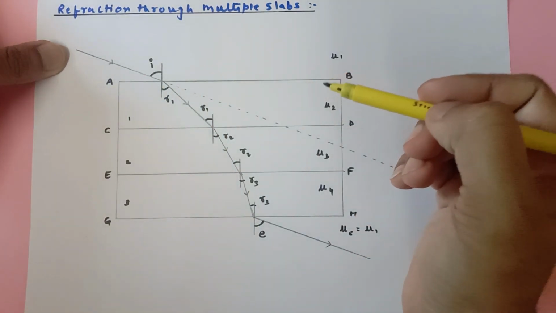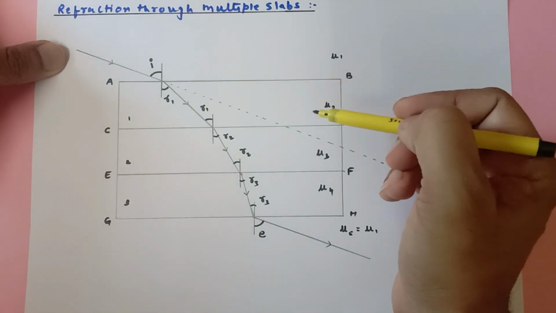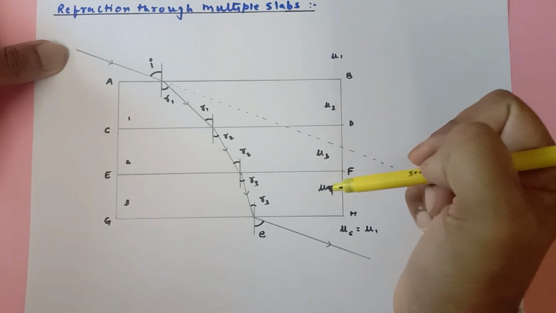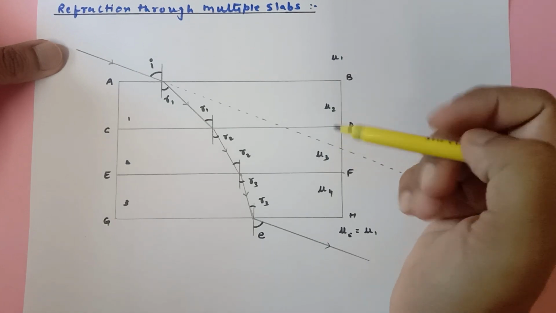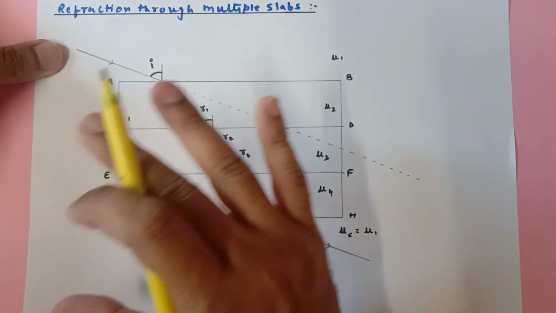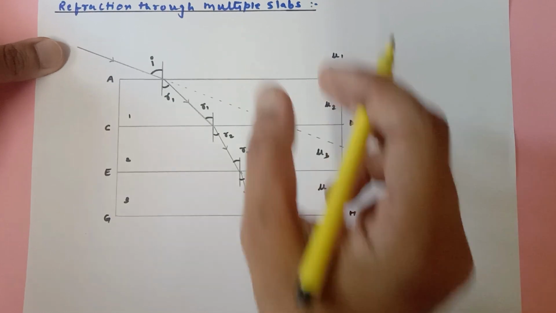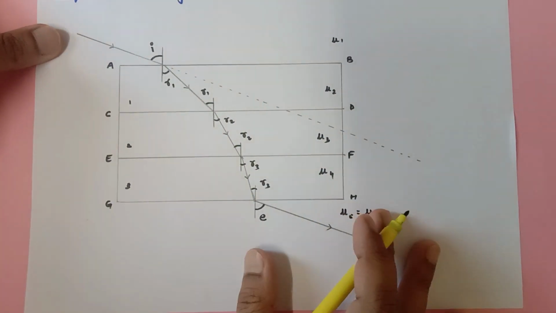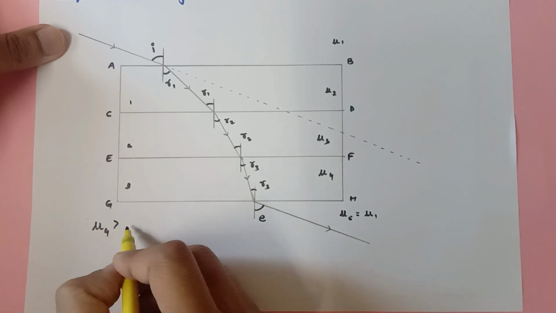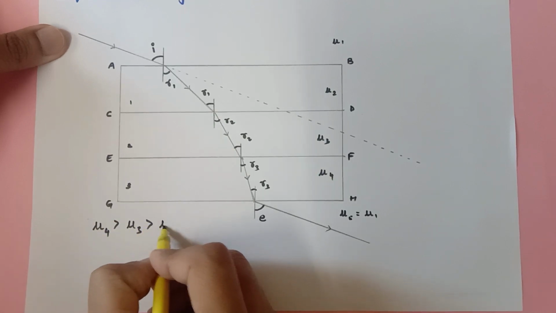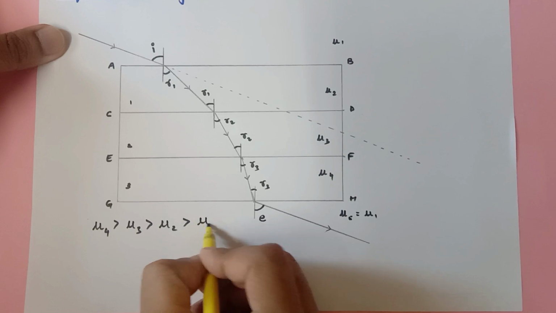It is not compulsory that the glass slabs be arranged in increasing or decreasing order of refractive index. You can arrange them in whatsoever manner you want, but I have kept it easier for you to understand. So here mu4 is greater than mu3, greater than mu2, greater than mu1.